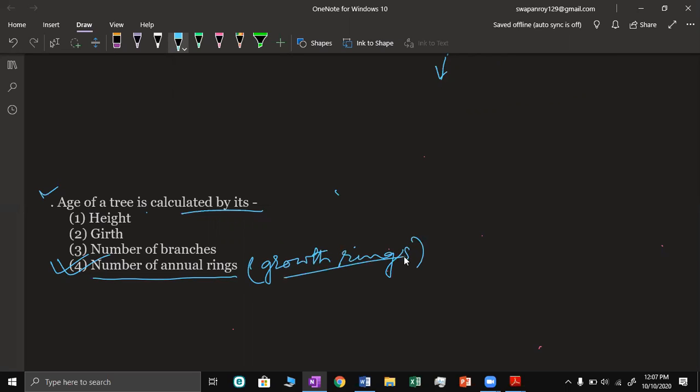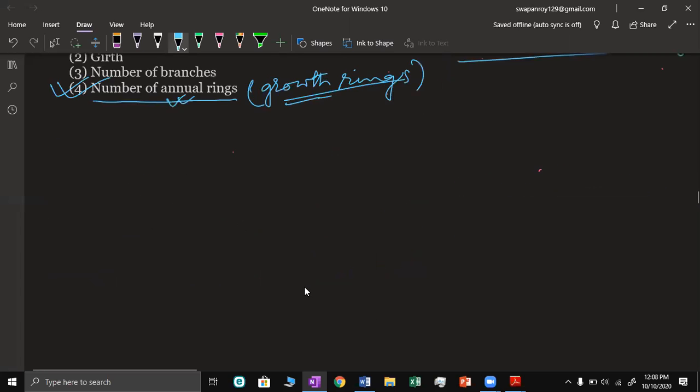One ring is produced every year, so as many growth rings or annual rings as there are, that many years is the age of the tree. This determination of the age of a tree is known as dendrochronology.